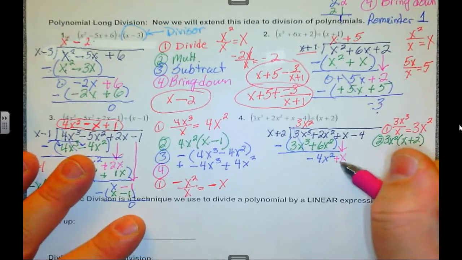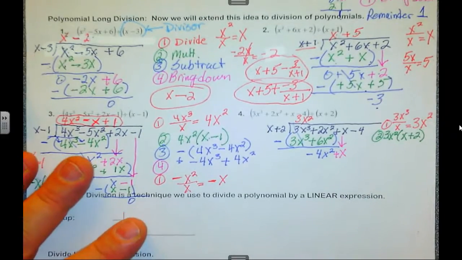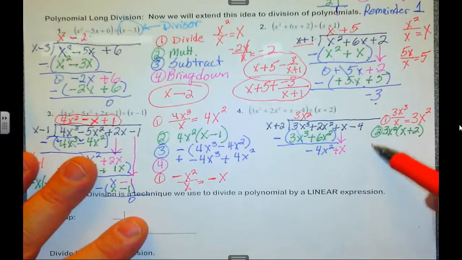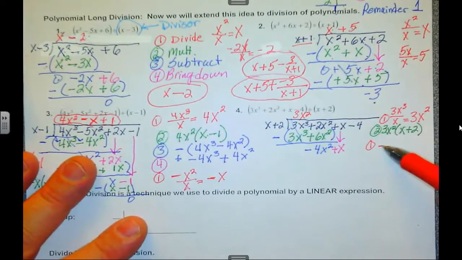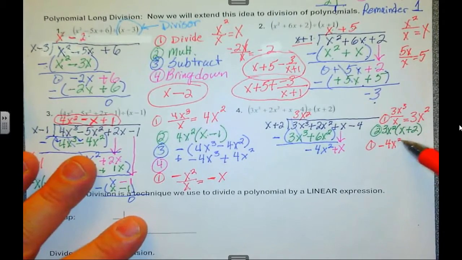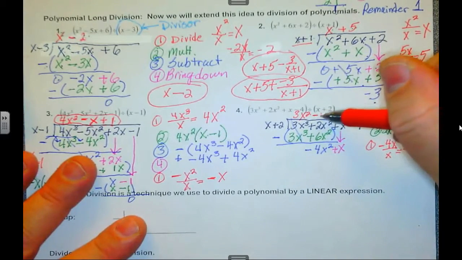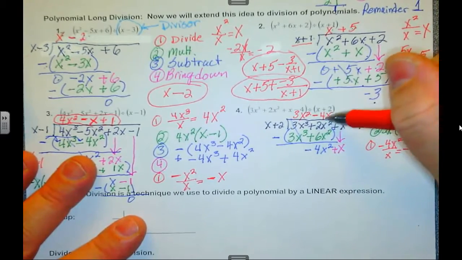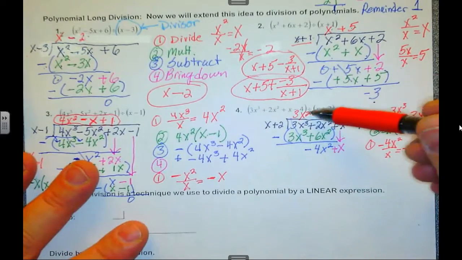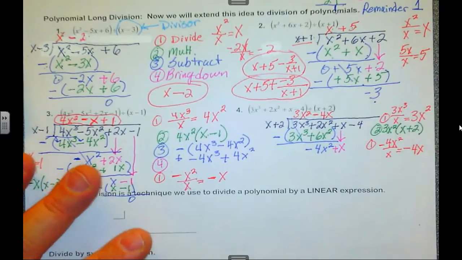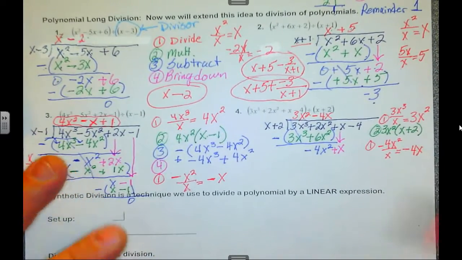Plus x. Then start over again. Divide negative 4x squared divided by x. Be negative 4x. That goes up on top. Noticing what's happened to our exponents in our answers, okay? So that's going to be important for the next section.